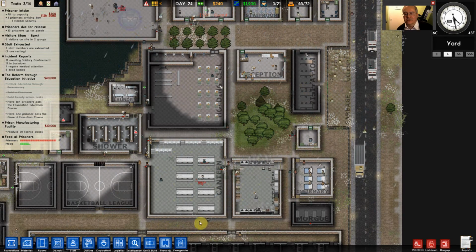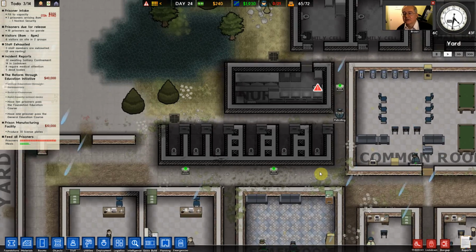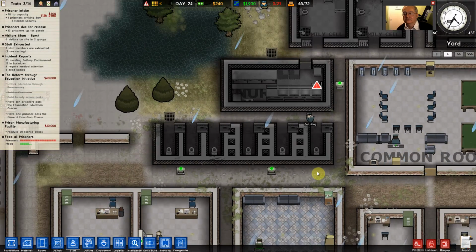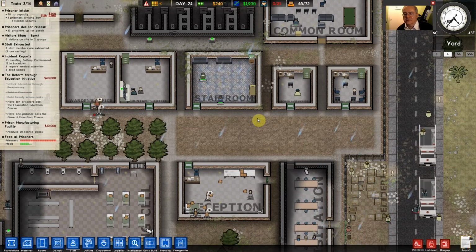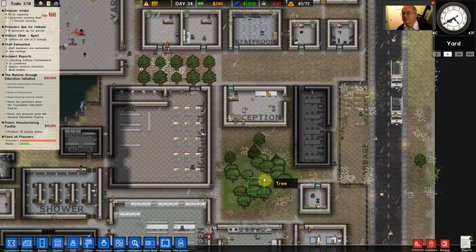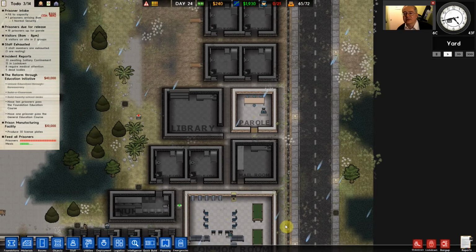There's plenty for them to do. And how are the solitary cells? Are they unoccupied or what? Okay. Clearly sending people to solitary is unnecessary. Unimportant in comparison to some of the other things.